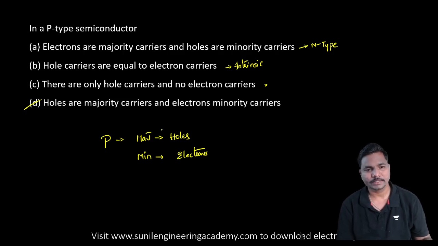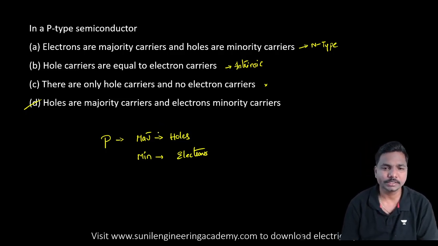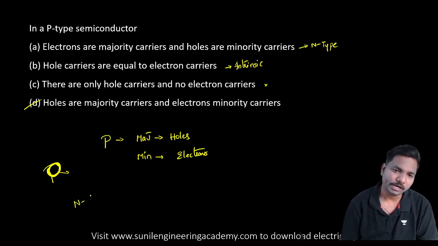If you have confusion in this, just make a small trick. I have also given a small trick in the previous session. In P there is a big hole, so majority carriers are holes, minority opposite. In the same way, N for electron.